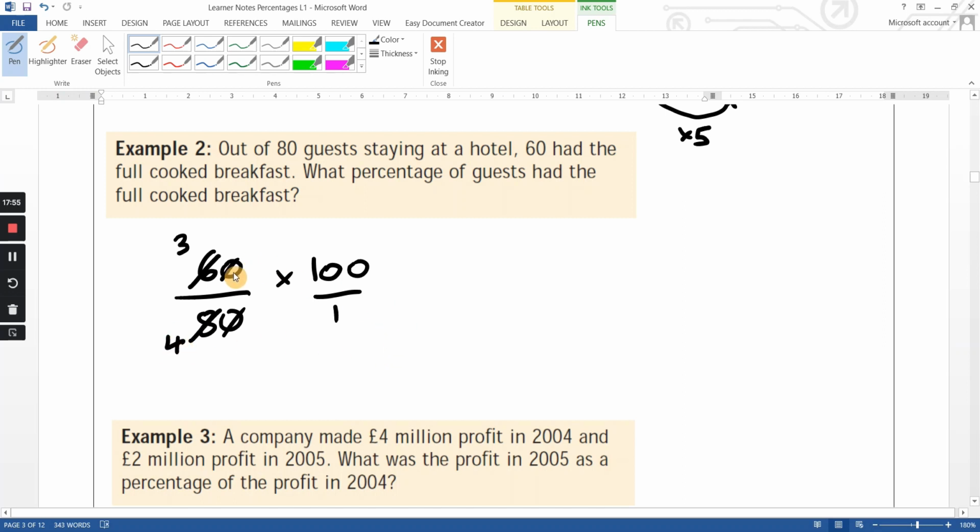So technically it's 3/4, isn't it? 3/4 as a percentage, you should know as 75%. Yeah, well, you can work it out. You can do 100 divided by 4 and then times by 3, you'll get 75.